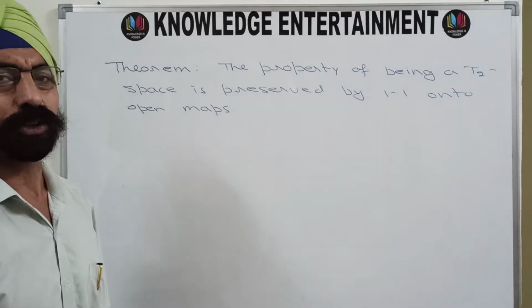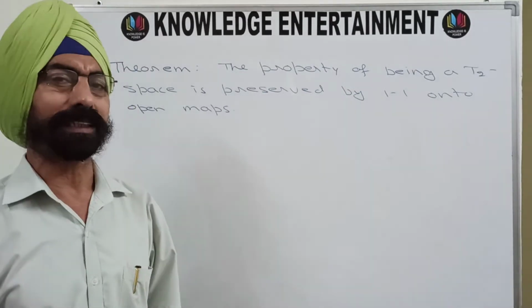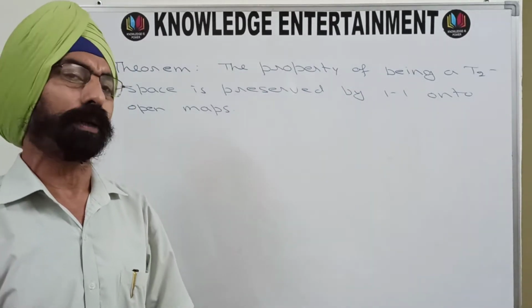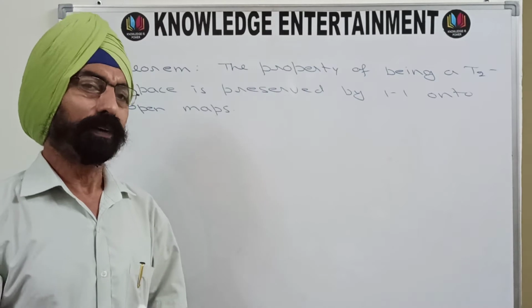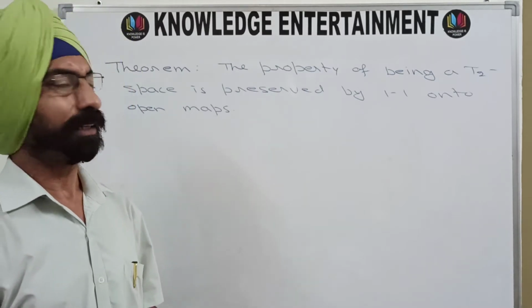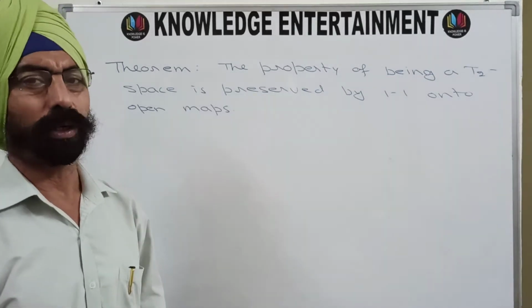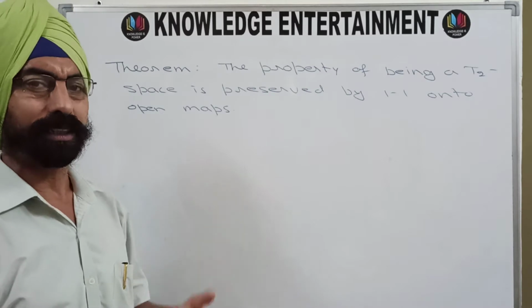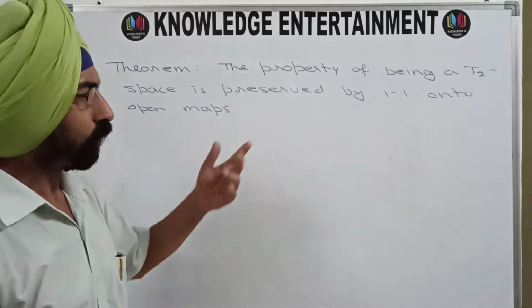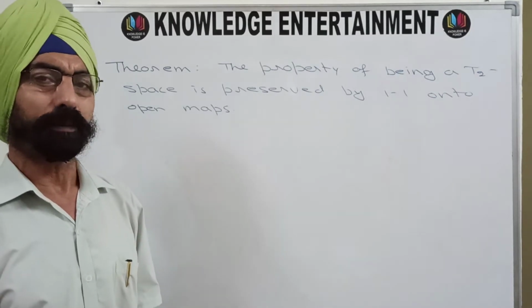That means you can also say that the property of being a T2 space is a topological property, because we know that if a property is maintained, is contained by, or is preserved by a 1 onto and open map, then it is called a topological property. So the property of being a T2 space is also a topological property.